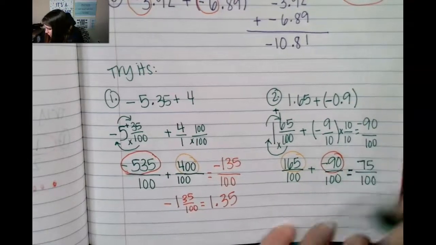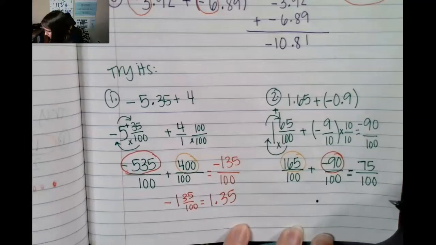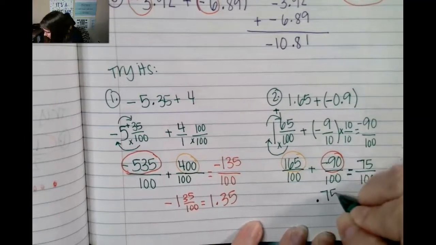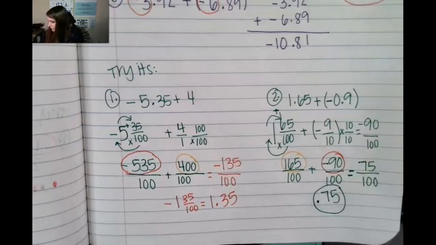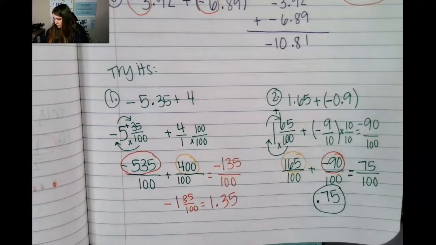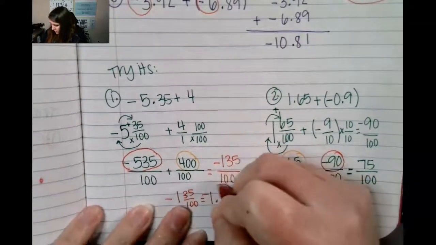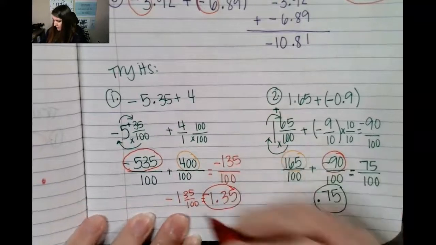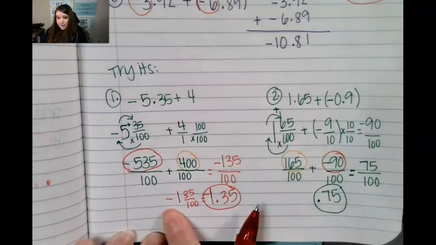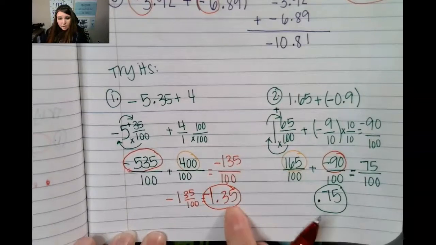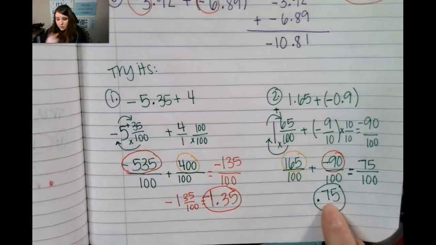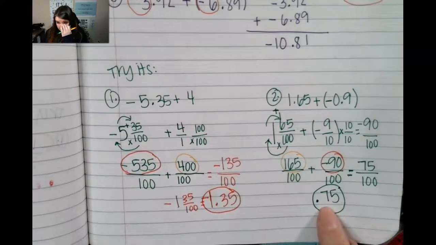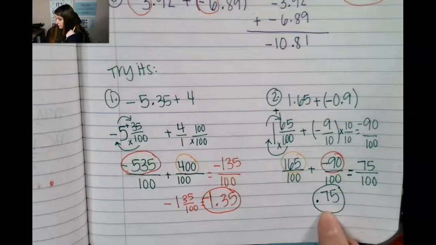Or as a decimal, when I put this back in a decimal form, I get 0.75. So this one should have been -1, and there we go. I forgot my negative sign. I had it there and I didn't bring it over. So -1 3/5, this, or 35/100ths, and this one is 75/100ths.